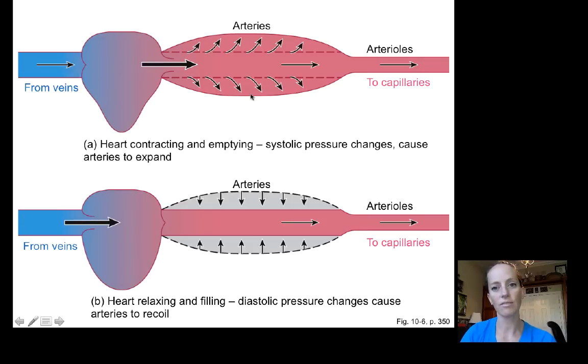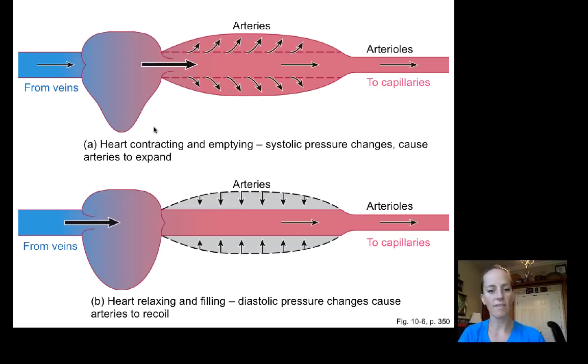And here's a picture from your book, which is maybe better than my hands, right? So here is blood returning to the heart, filling the heart, and now the ventricle's contracting. When the ventricle contracts and pushes blood out, this elastic large artery like the aorta is going to receive that blood.